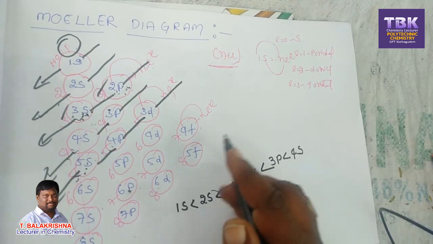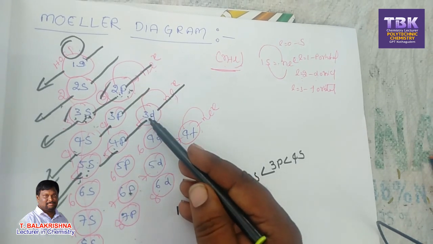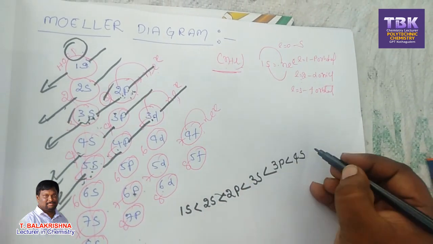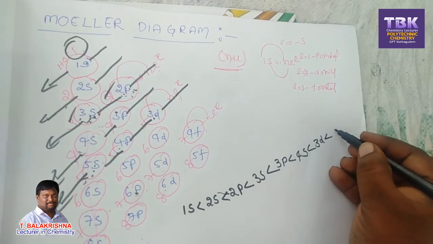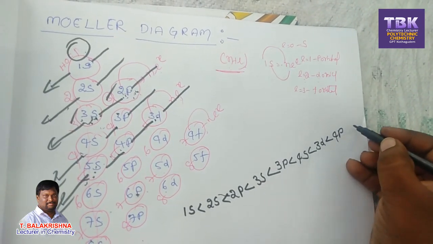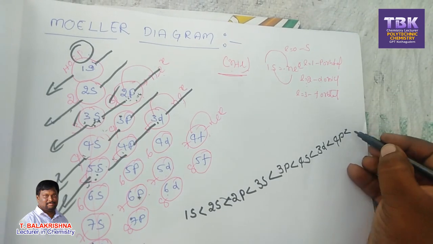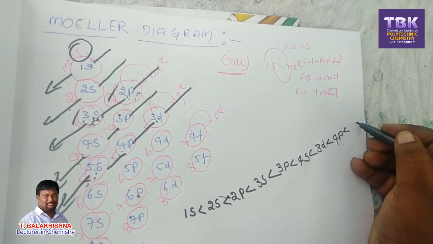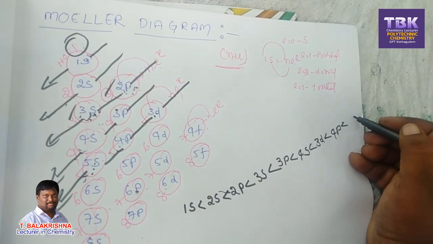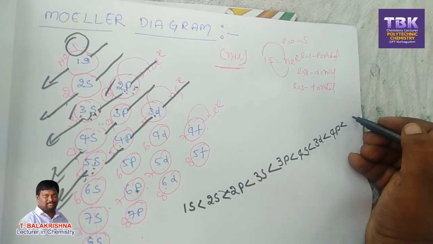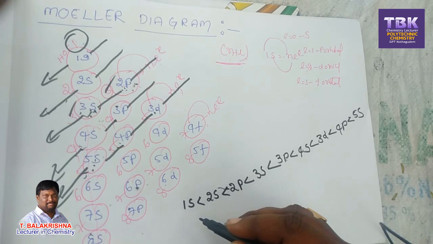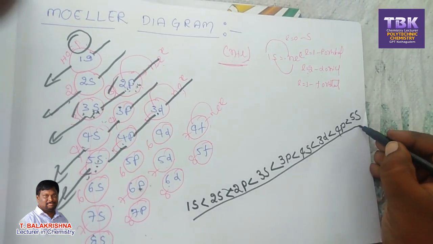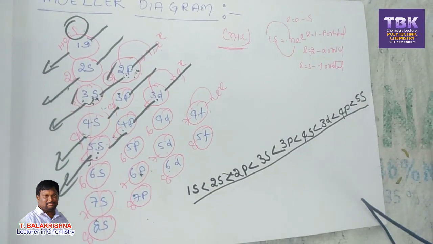Depending upon the N value, which is the lowest N value? 3d is the lowest N value, so it is less than 4p, and the next one is 5s. So this is the increasing order of energy of orbitals.